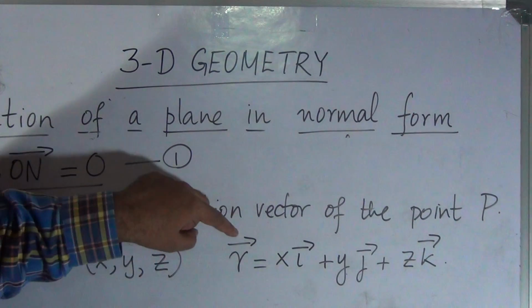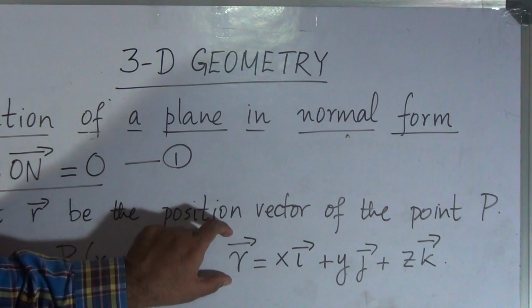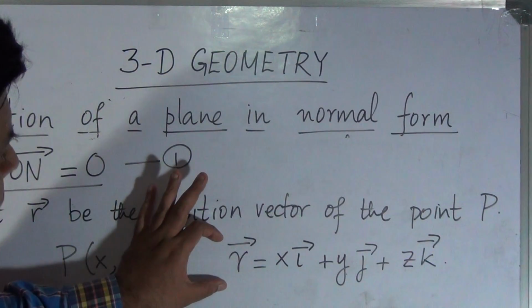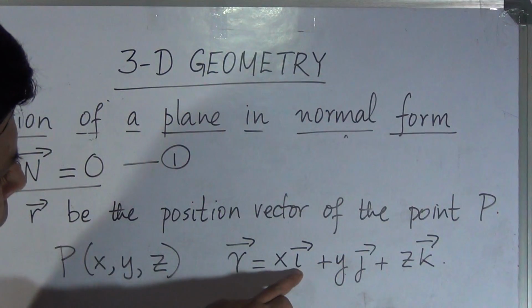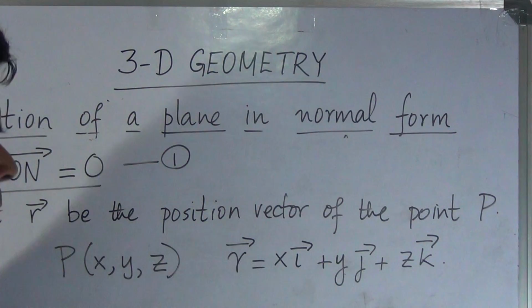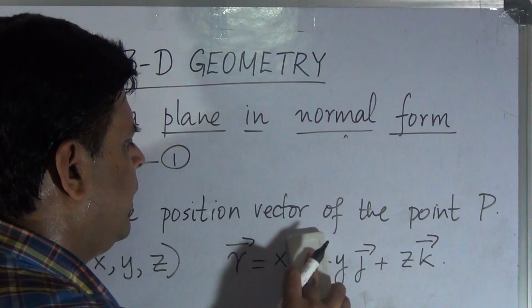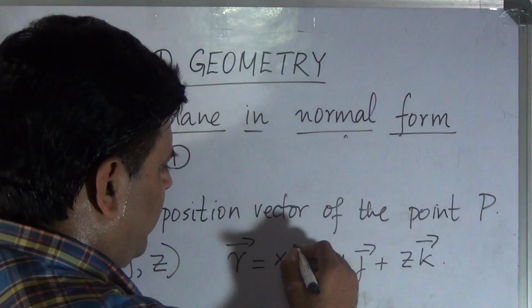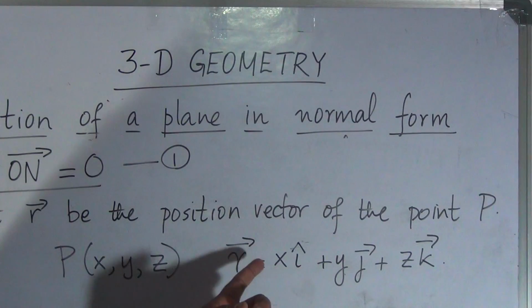Whenever we put a vector like this, it means it is a general vector. I don't know if the magnitude of this vector is 1, but whenever I use i, it is the unit vector of length 1 in the x direction along the x-axis. So if it's a unit vector, I will use cap.